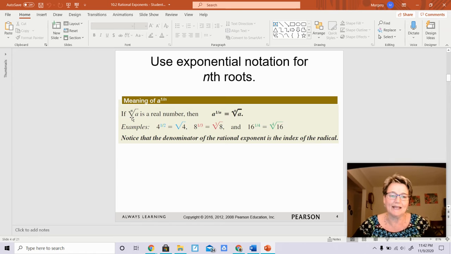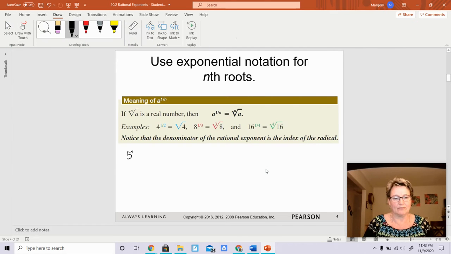You can write a square root, an nth root, a cube root, any type of root, this index right here, as a power with an exponent that's a fraction. So if I have the fifth root of 101, that means that this 101 has an exponent of 1.